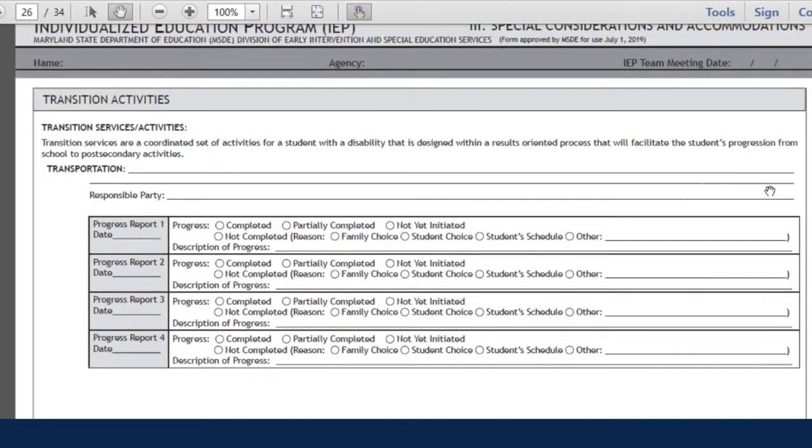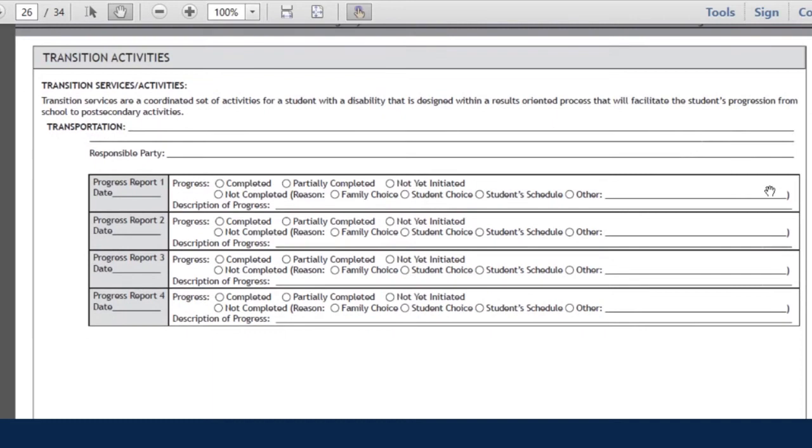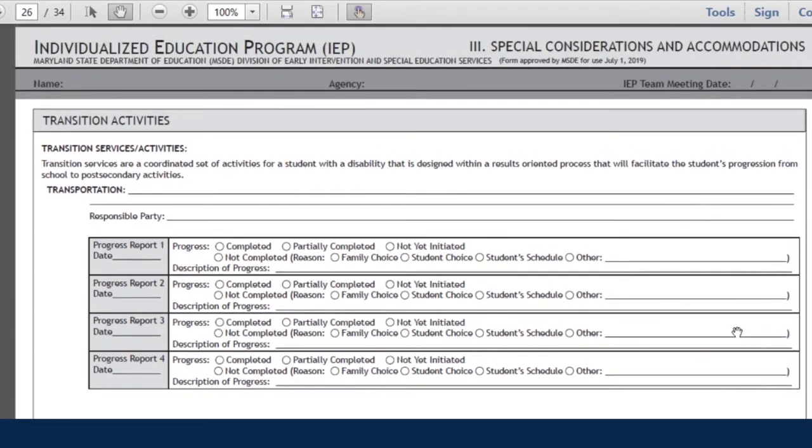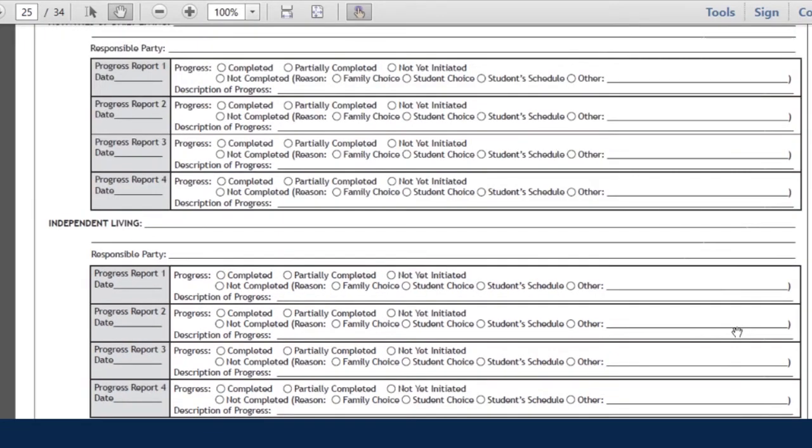Or maybe they need to learn how to take a bus or use public transportation. That can go in as an IEP goal as well as an IEP transition goal. Maybe for independent living, they need to learn how to manage their money, or they need to learn how to cook a simple meal.